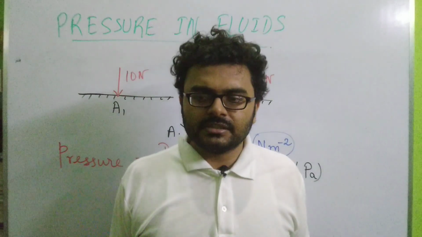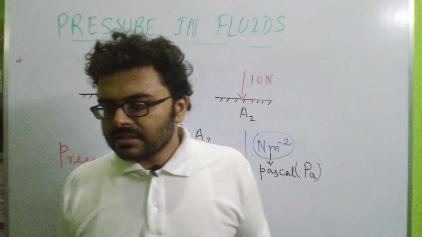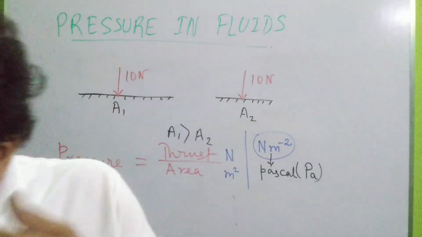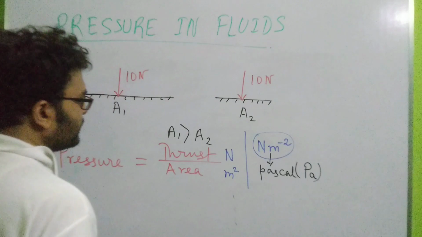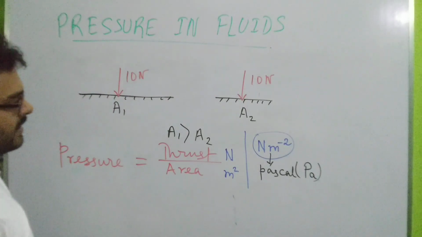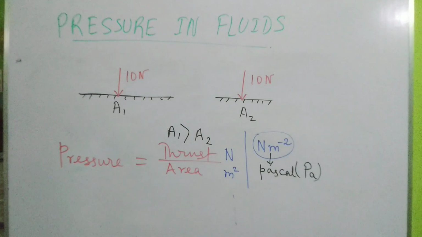There are various units, but the most commonly used unit is Pascal. There is another unit, atmosphere, which we will discuss later when we talk of atmospheric pressure, and we will see how atmosphere and Pascal are related to each other. So this is the concept of pressure.